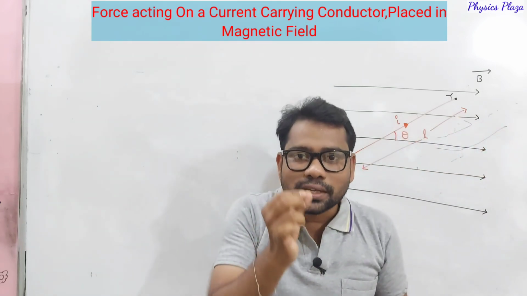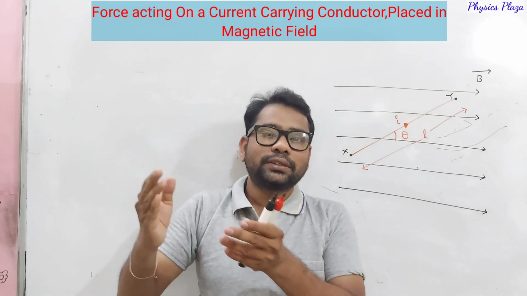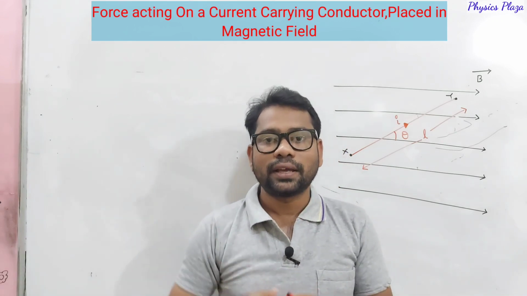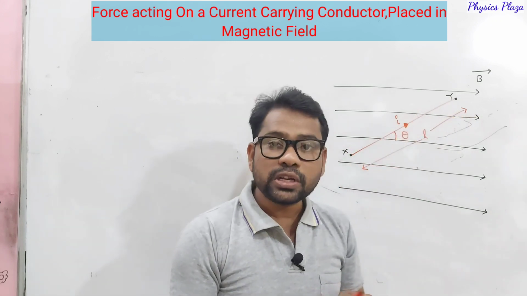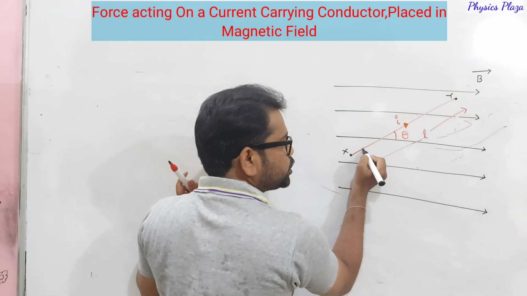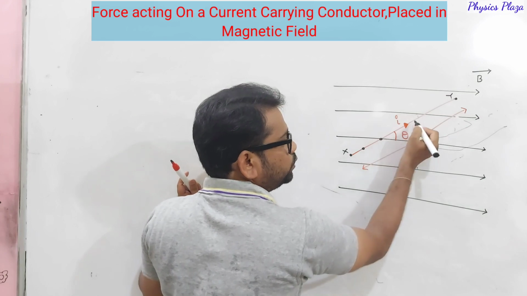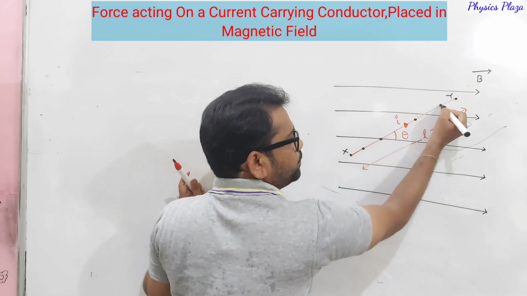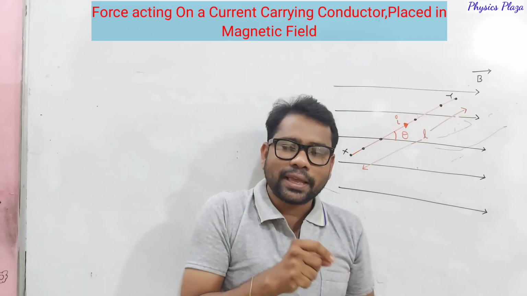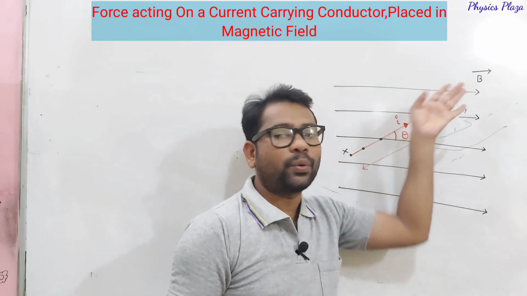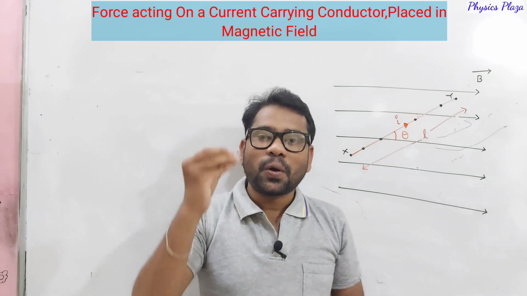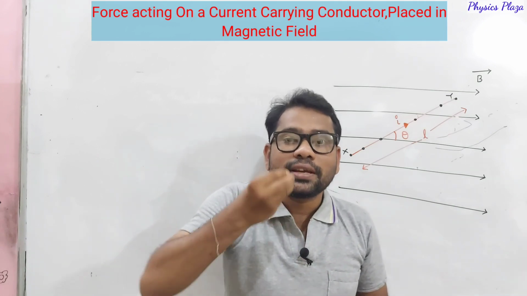Only when charges move in a particular direction can we call it a current. As current is passing through the conductor, can we imagine that charges are flowing like this? Yes, actually charges are flowing through this. In the previous case, one charge was flowing. Now in this case, many charges are going. So what happens? Obviously, children, it experiences force.